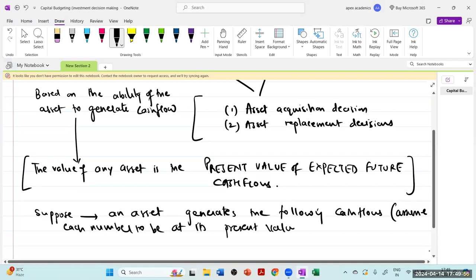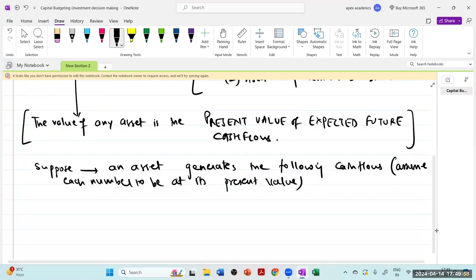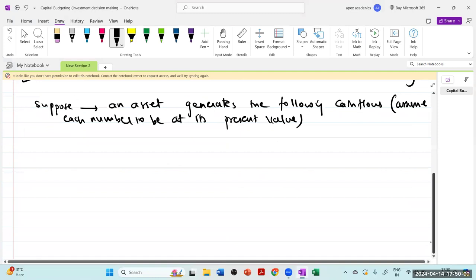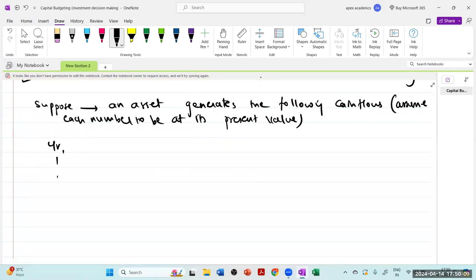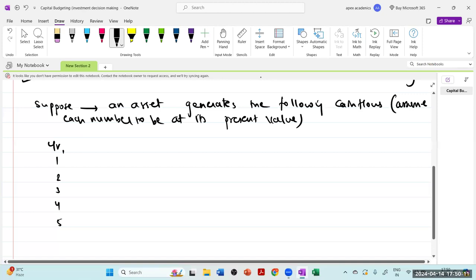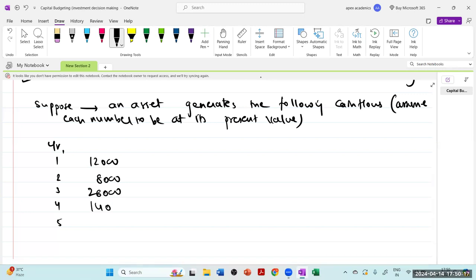For all those of us who don't understand present value, don't be scared. We'll talk about it today. Let's say in year 1, 2, 3, 4, and 5, the asset generates 10,000, 8,000, 26,000, 14,000, and 15,000.